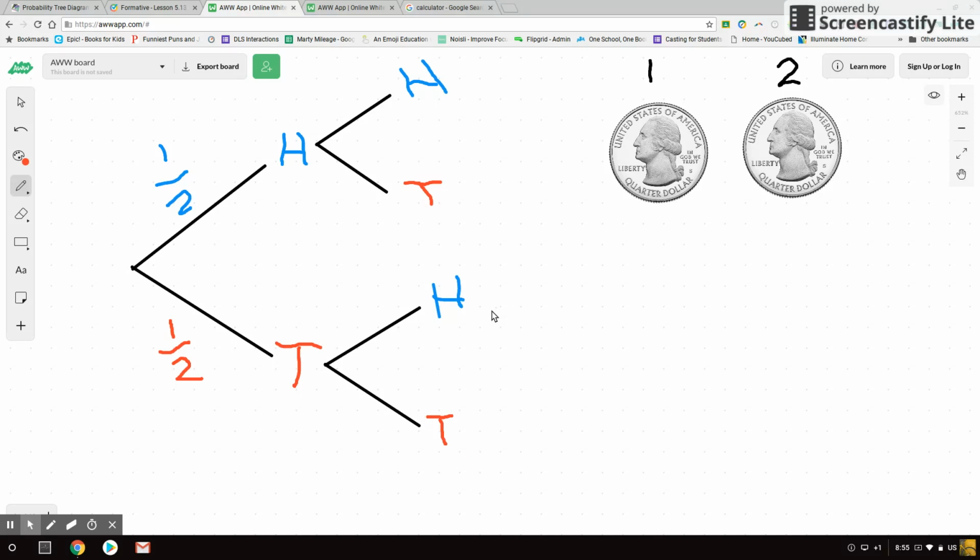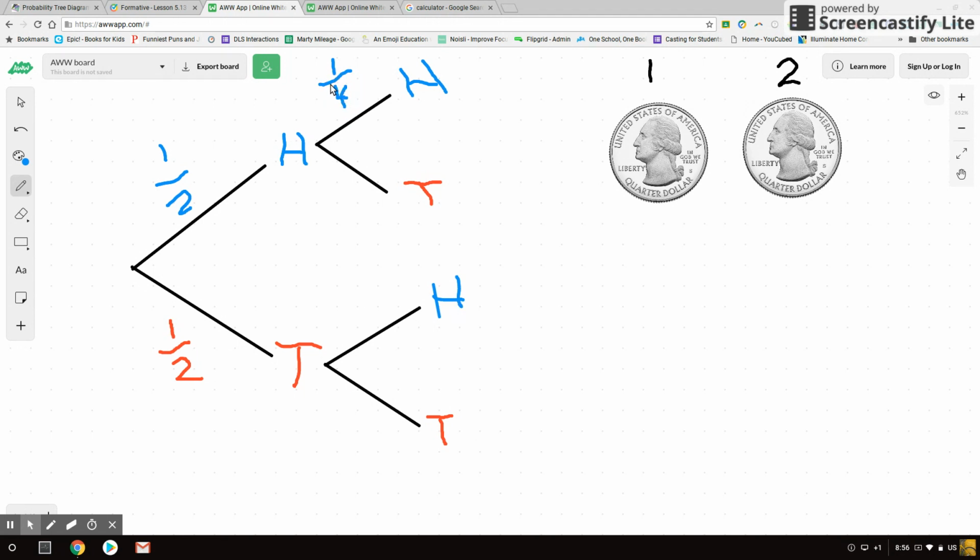So we have 4 possible outcomes. Now, if we are trying to figure out the outcome where we get heads, heads, only one of these paths leads us to heads, heads. We would have to get heads with the first one and heads with the second one. So we have 1 possible outcome out of 1, 2, 3, 4 outcomes.